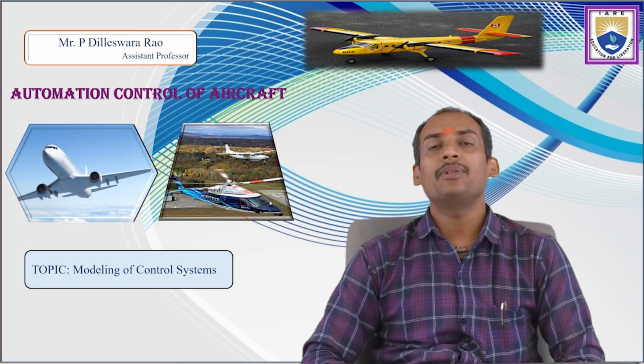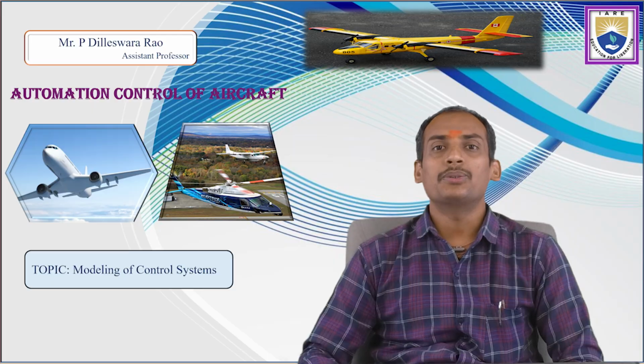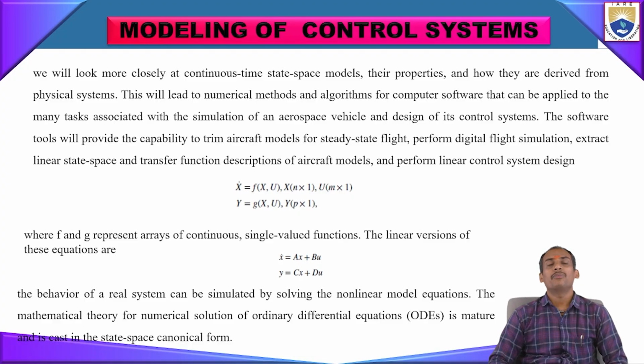But here we see the background of that system. So let's go into the topic. We will look most closely at the continuous-time state space model and its properties, and how it is derived from the physical system.